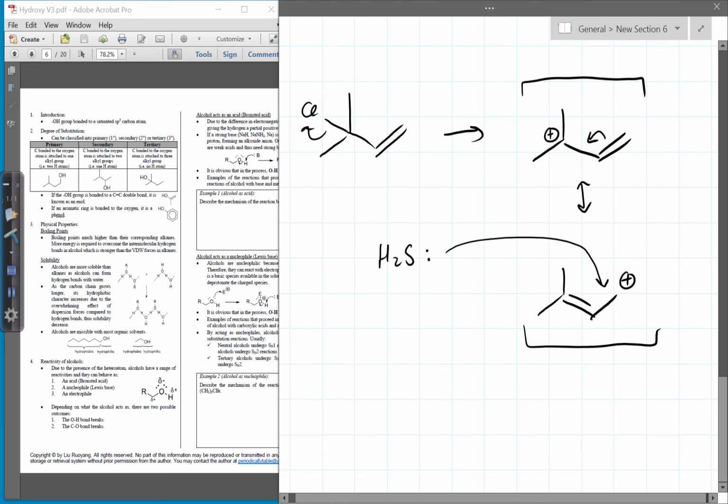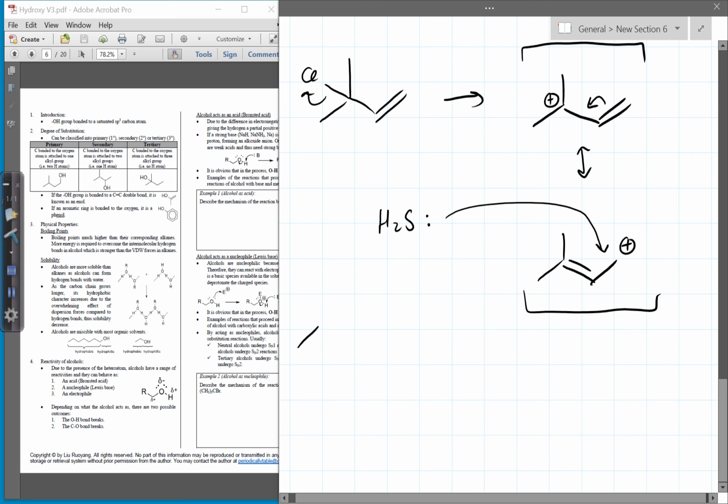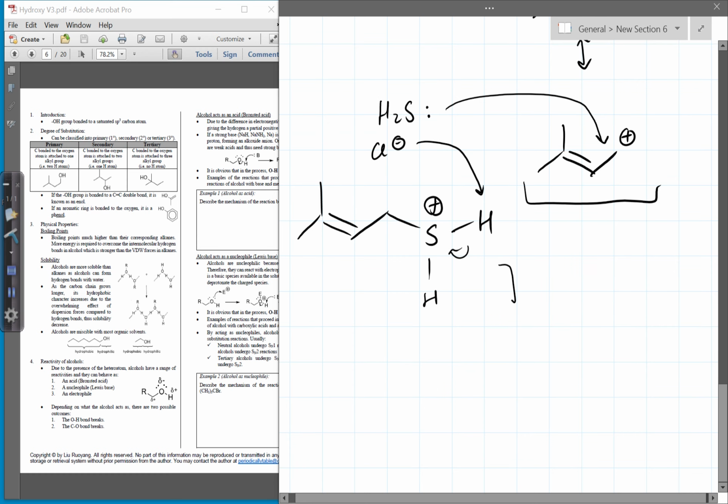Once it attacks this end, it's quite obvious that you will get this product, and of course a Cl minus. The next step is deprotonation to generate these species, SH. This is quite predictable.